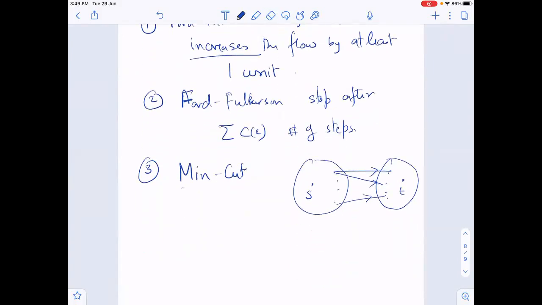Do we have to make components in such a way that only edges, or can there be paths between these two components? No, there have to be edges.